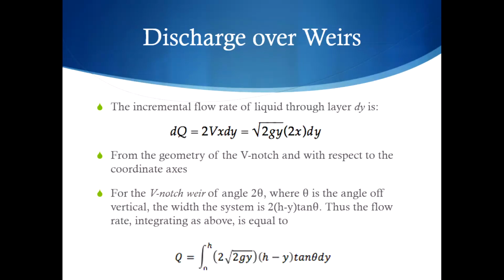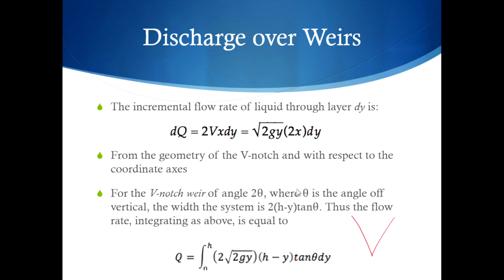So this is the integration for a V-notch weir with an angle of 2 theta. Like I said before, we have different angles for our weirs. In this case, the angle of our weir is 90 degrees, but the 90 degrees equals 2 theta.